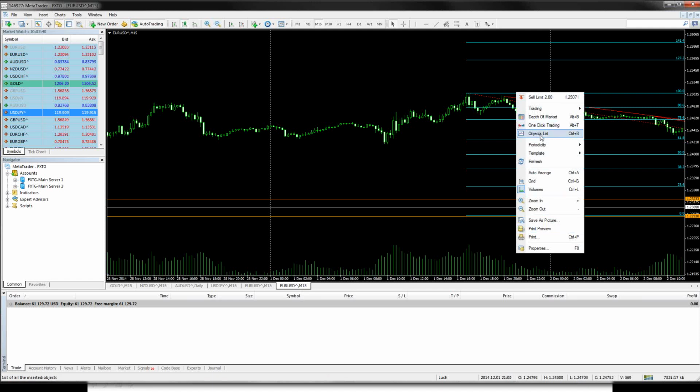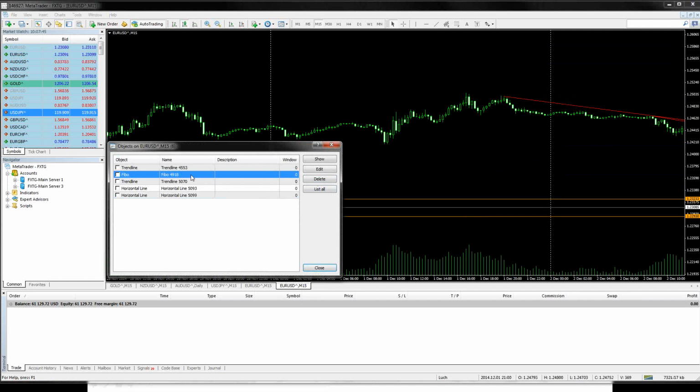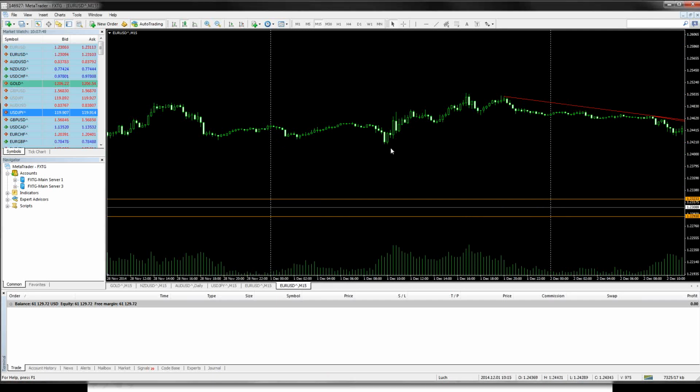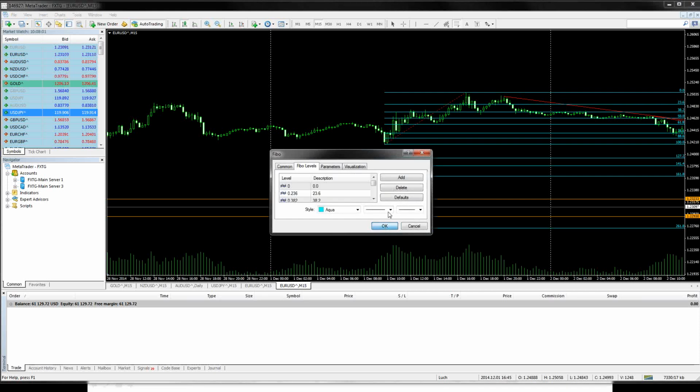Let's do a little one here. Objects, take this Fibo off, take that Fibo off. And let's just presume this is the bottom and this is the top. Okay.